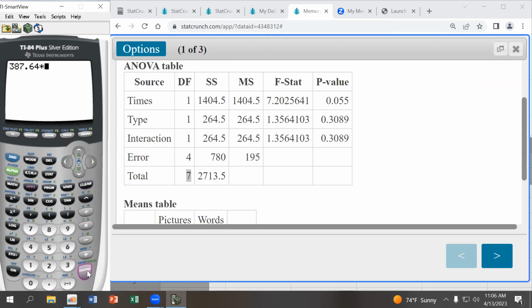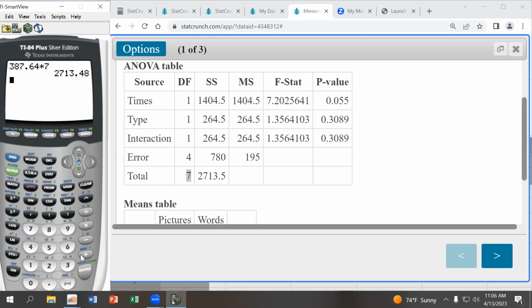Good. 2713.48. Does it match that value? Yes, okay.